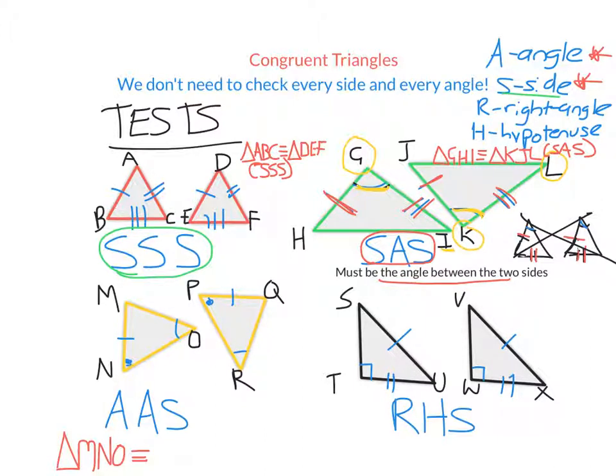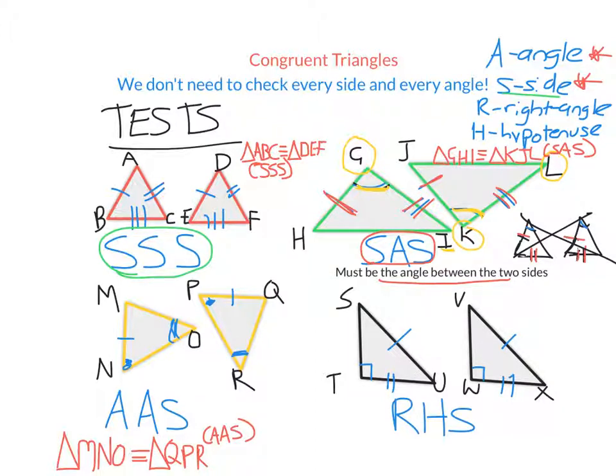So the one with the dot here and here, N and P correspond to each other. The one with the arc means O and R correspond to each other. And the one that is not marked means M corresponds to Q. So M corresponds to Q, N corresponds to P, and O corresponds to R. And the reason in brackets again is AAS.